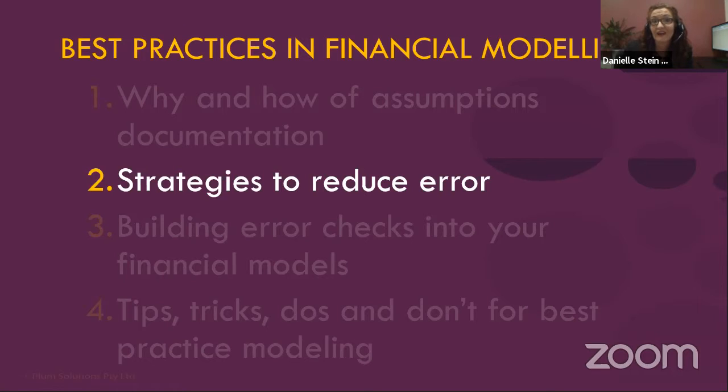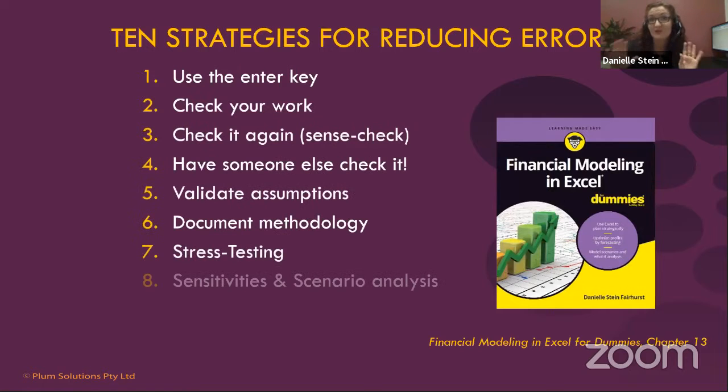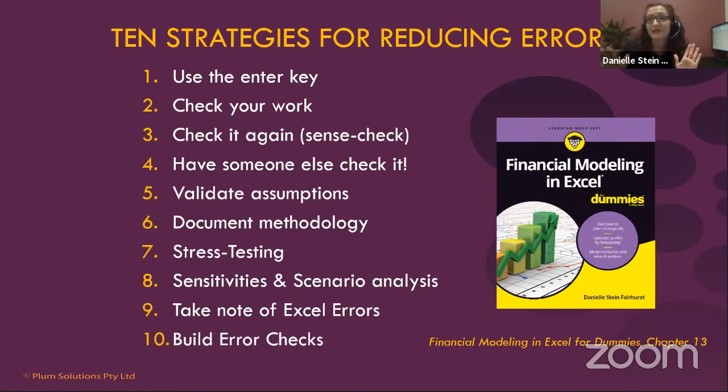A lot of best practice is about reducing error. In fact, there's a whole chapter in the Dummies book, chapter 13, which covers the 10 strategies for reducing errors in financial modelling in great detail. So I'm going to go through each of those different points now with you.